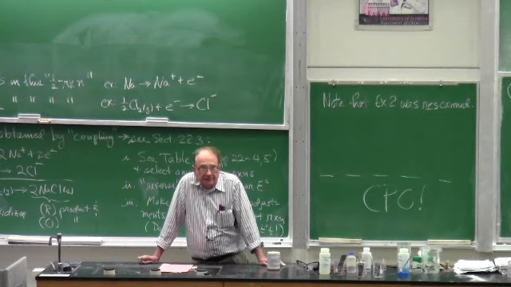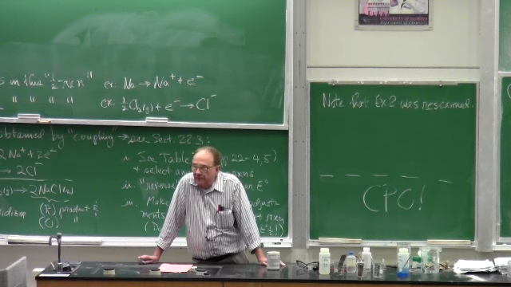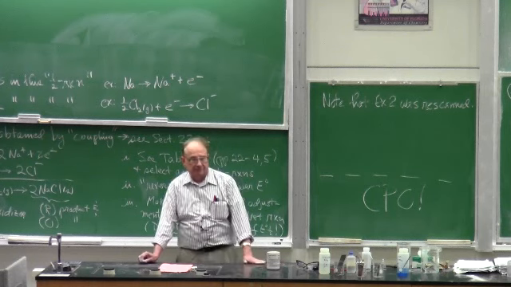As I have written this table, the reducers are on the left, and the oxidation product, or products, are on the right. Because as the reducer does its thing, it gets converted to the oxidation product or products.